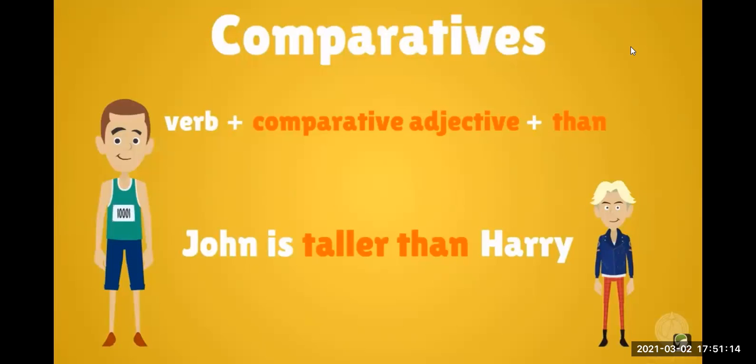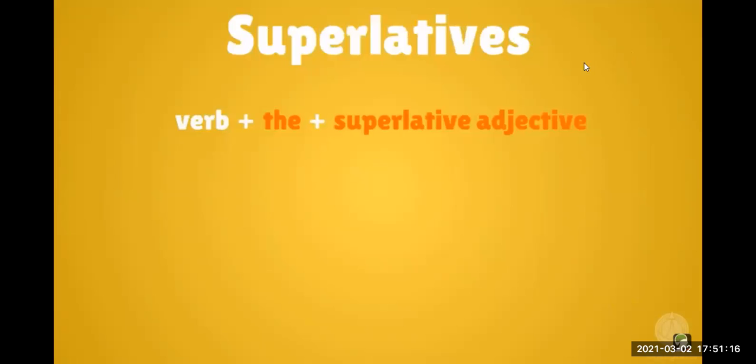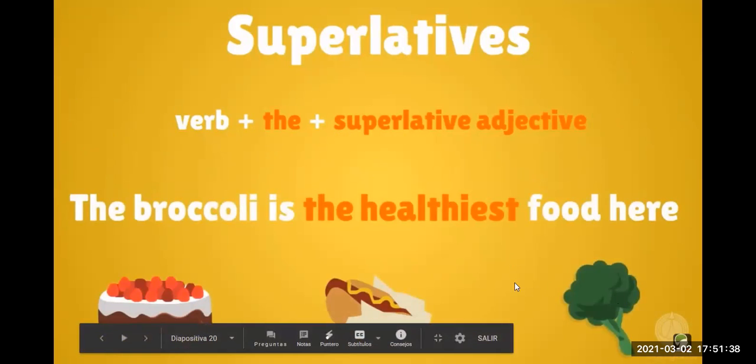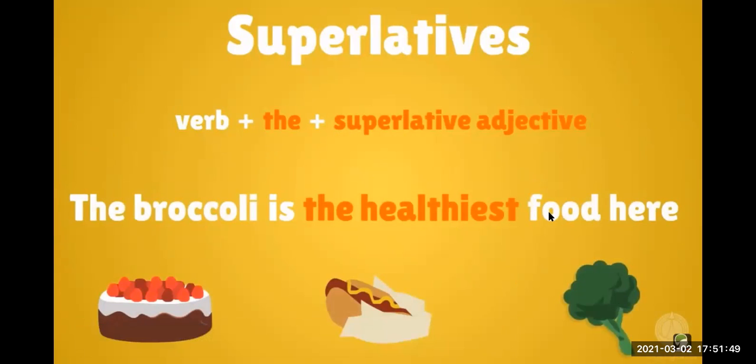Yes. Okay, yes, but there is something that we never forget, the, right? With superlative adjectives, we have the noun here, the verb, the, and the superlative adjective. Very good. For example, we can say, the broccoli is the healthiest food here, right? So we are comparing the broccoli with the rest of the group, with the rest of the food here. So here we have the noun, verb, the superlative adjective, and the rest of the sentence, right?